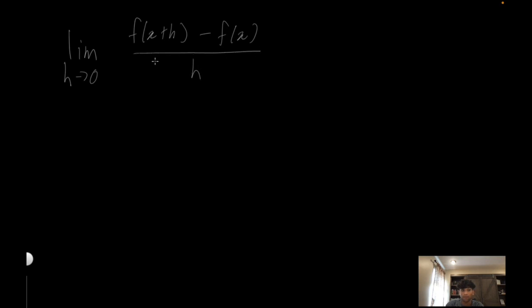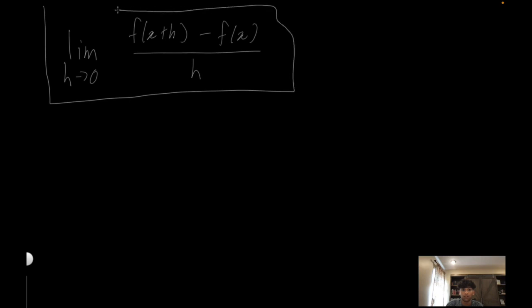Now, something that you need to know for the AP exam is something called the difference quotient, as I already mentioned. I'll write the difference quotient right here for you, then I'll explain what it actually means. So this right here is known as the difference quotient. It's also known as the limit definition of the derivative, okay?